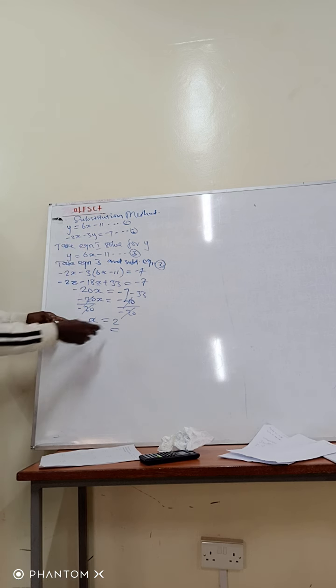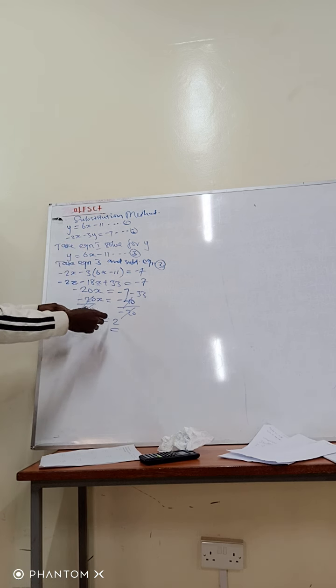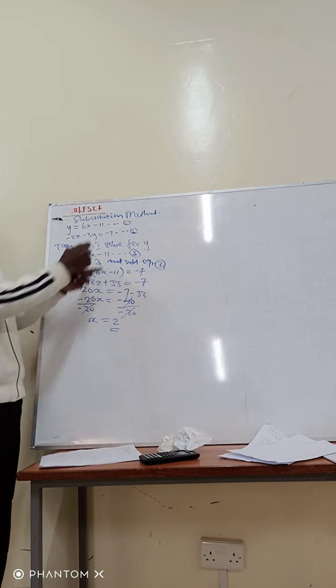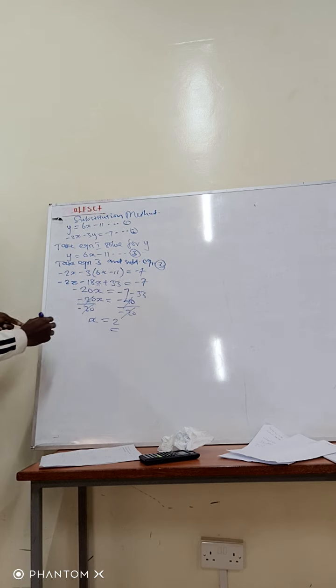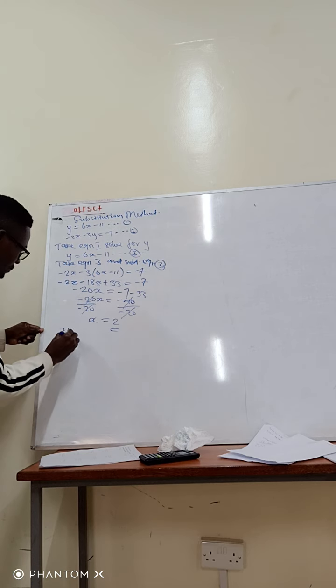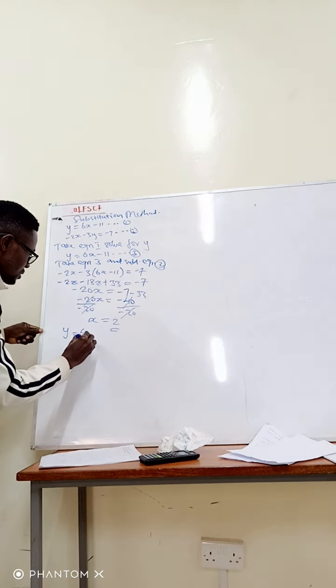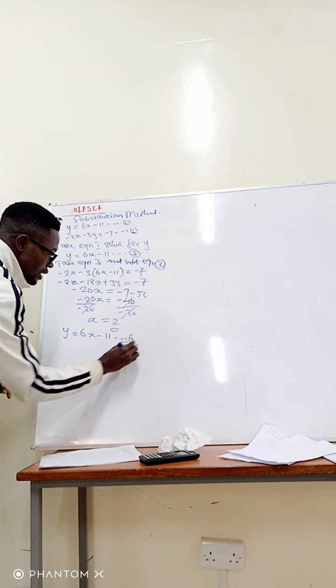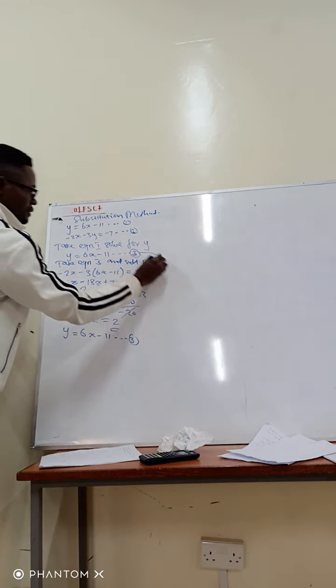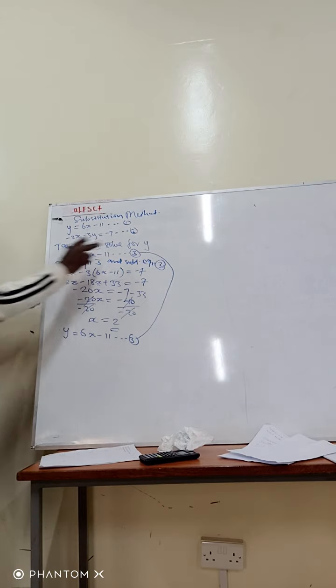So you take this value that we have and substitute in equation 3. This is equation 3, it is here. So equation 3 we have y is equals to 6x minus 11. This is our equation 3 as it is indicated here.